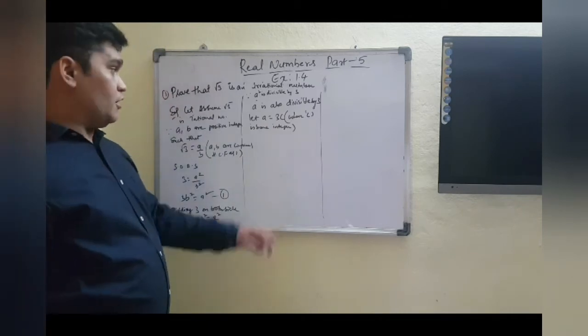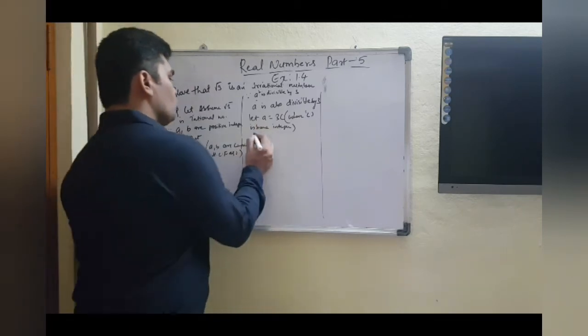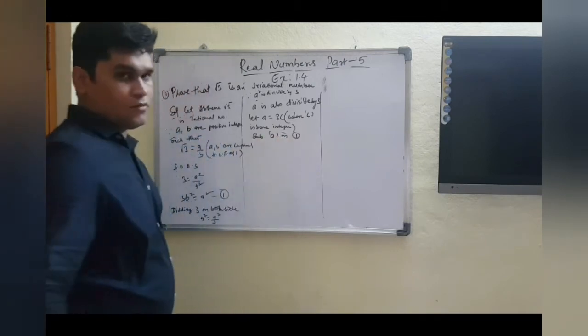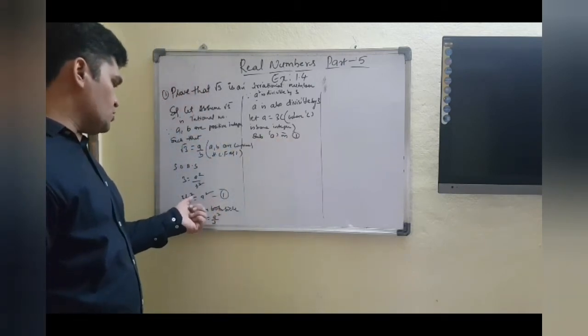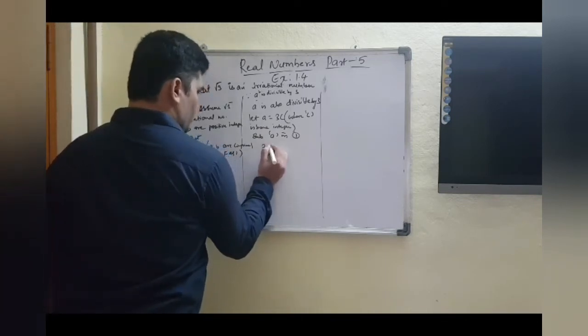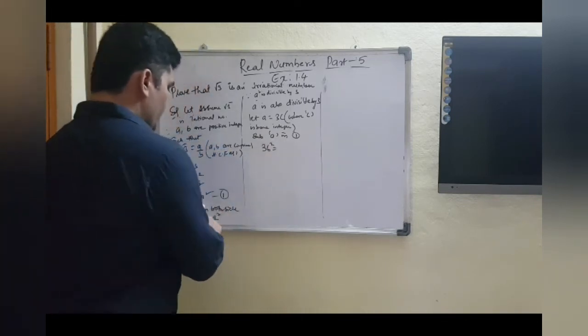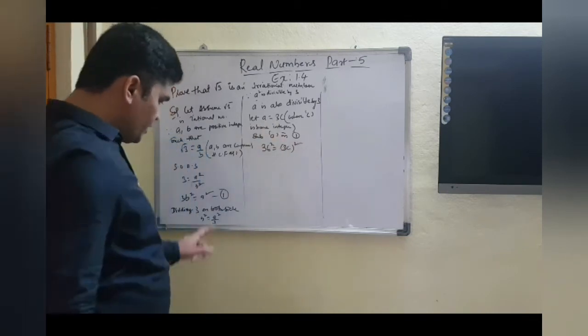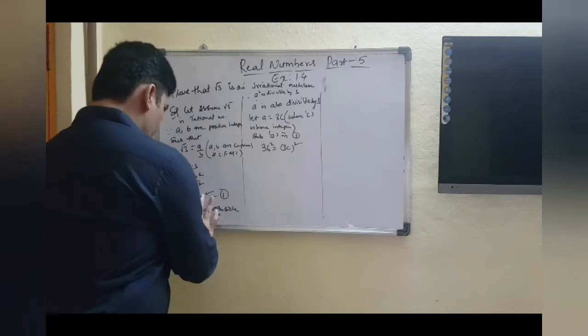Okay, if A equal to 3C, now what are you going to do? Substituting A in first. What is the first one we got? 3B square equal to A square. So 3B square equal to A, you are going to consider as 3C. That is the reason I am going to write 3C whole square in this part. Right? This is A.